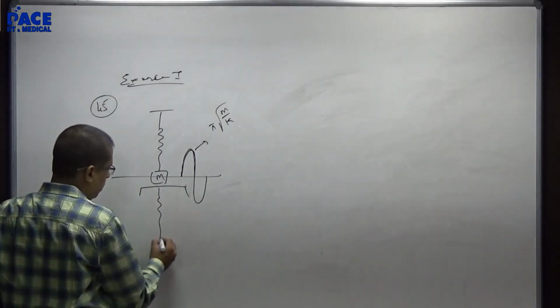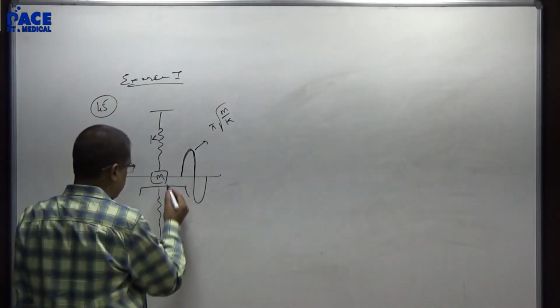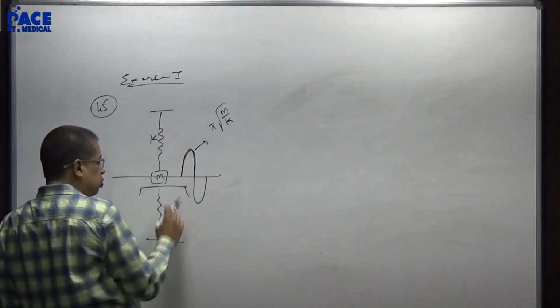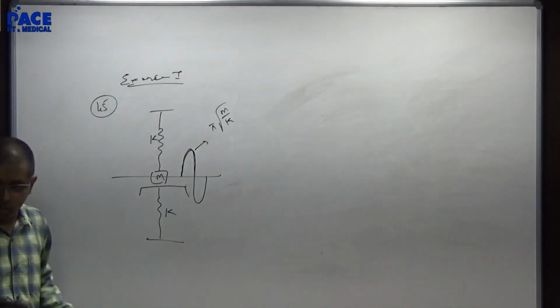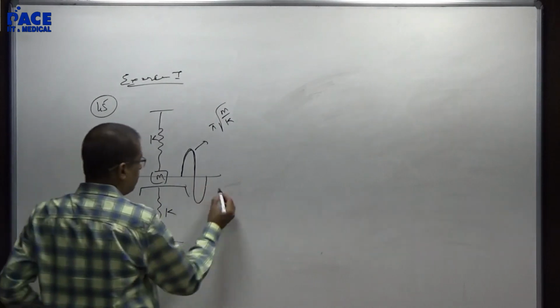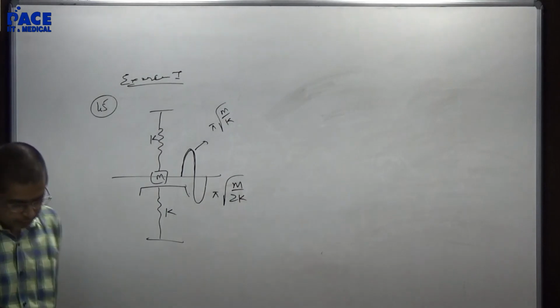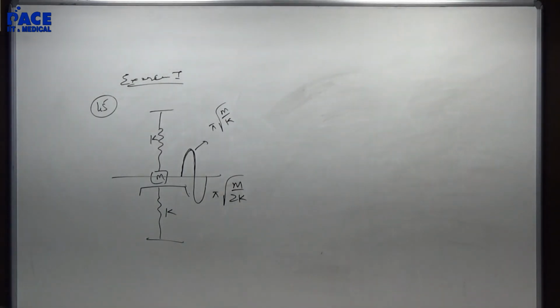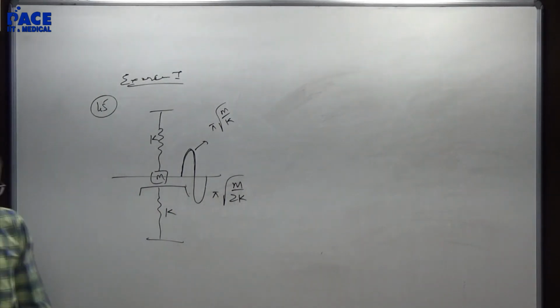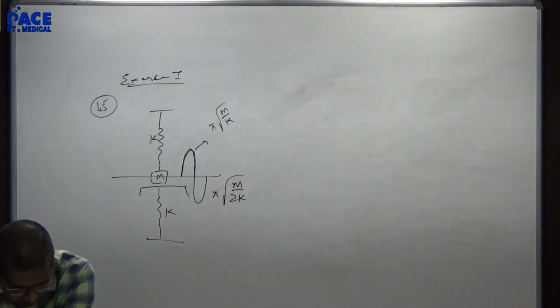Right. For the lower part, you have here also k. Now for the lower part, there are two springs in parallel. So it will become 2k. Lower part, it will be pi under root m by 2k. Add both the time periods, you will get the time.